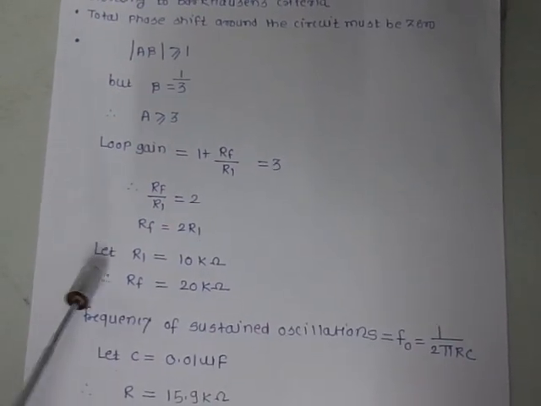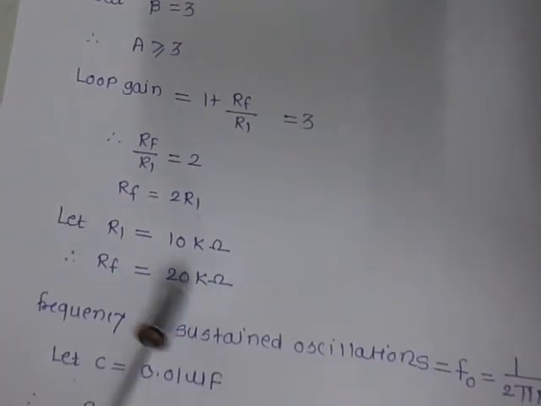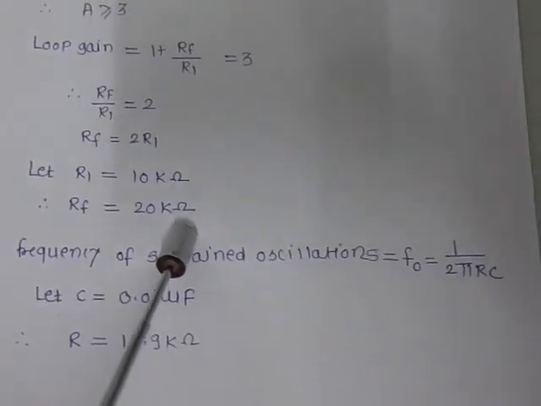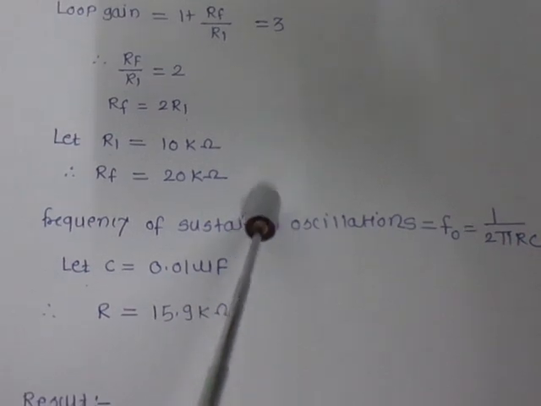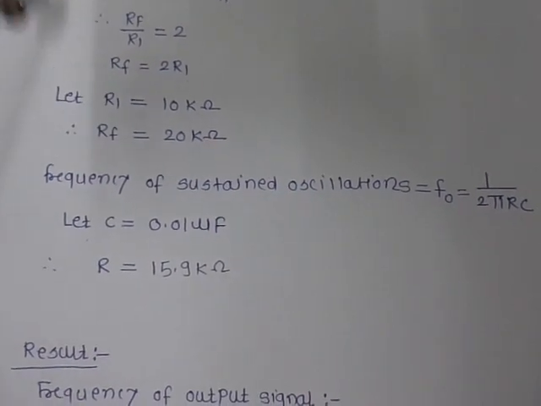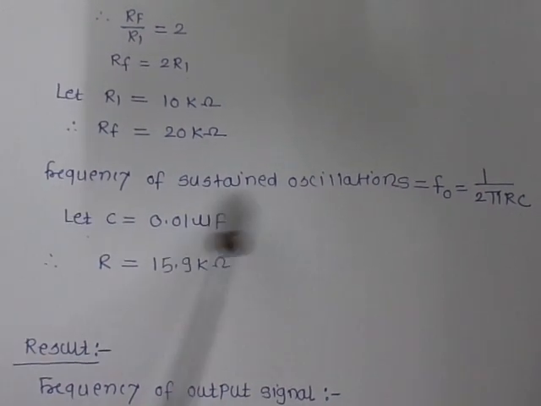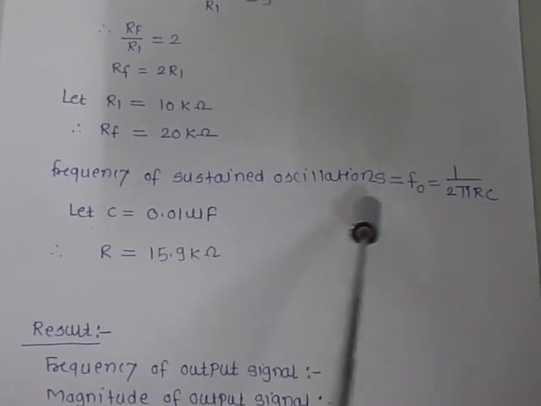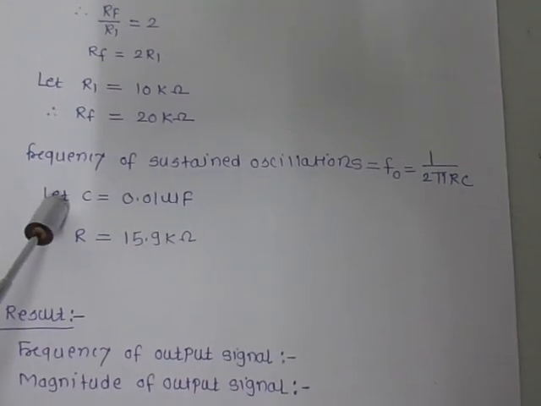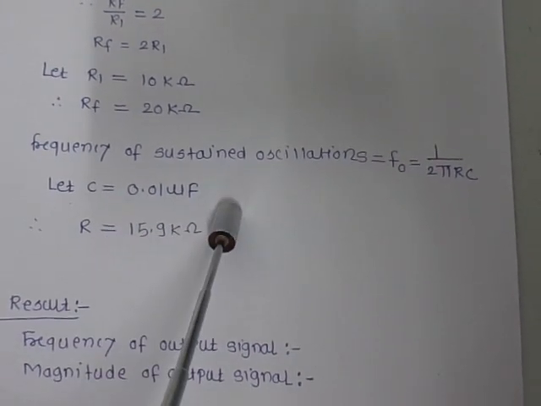Let us consider R1 equal to 10 kilo ohm, so RF is equal to 20 kilo ohm. Here, instead of using a fixed resistor of 20 kilo ohm, we are going to use a potentiometer of 22 kilo ohm value, so that we can adjust the mod of A beta to be greater than or equal to 1. The frequency of sustained oscillation is given as F0 equal to 1 upon 2 pi RC. Let us consider C equal to 0.01 microfarad.